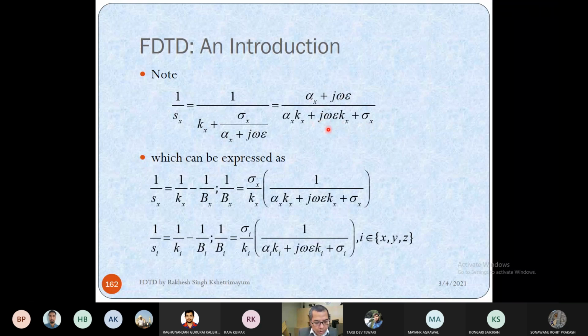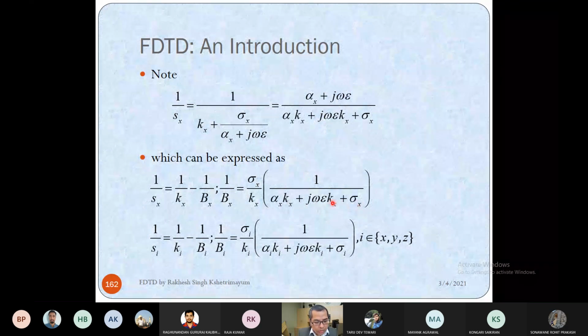This term you can simplify again. You can express 1 by sx as 1 by kx minus 1 by bx, where 1 by bx is given by a simple derivation you can do, and it turns out to be sigma x by kx, times 1 by (alpha x kx plus j omega epsilon kx plus sigma x).